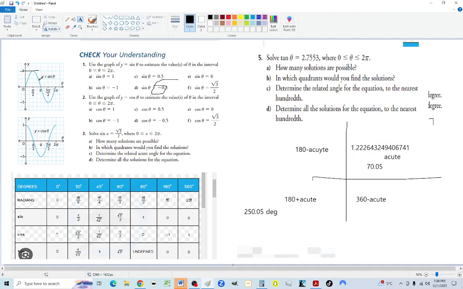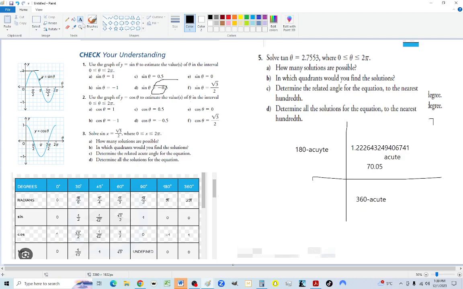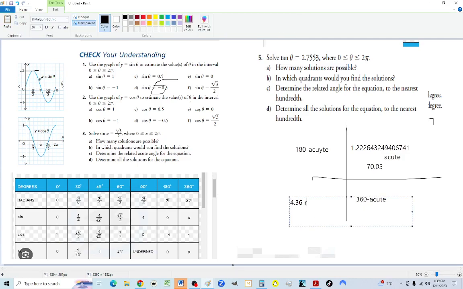For the third quadrant, you want to figure out pi plus that. I'm going to put that in memory in case I have to pull it back. You would just add the pi value, and that's how many radians. So rounding, this many radians is in quadrant 3, and this many radians is in quadrant 1.